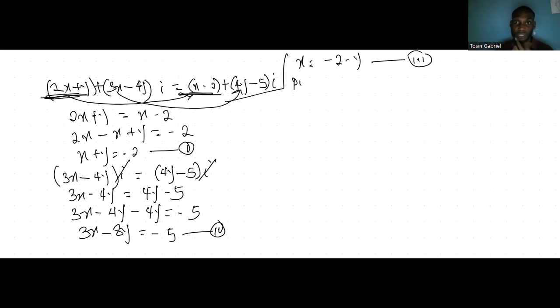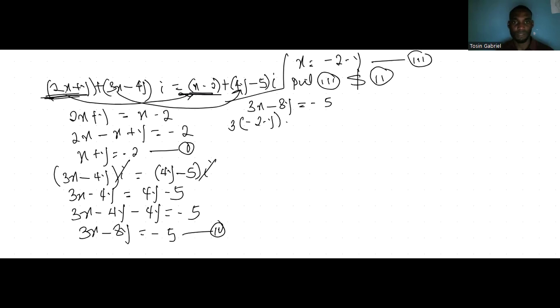Or you can simply use your calculator if you have one. There are calculators that solve this better. So you can use a calculator, but let me just solve it for you guys. So you are going to have 3x minus 8y equals minus 5. Where you see x, you put minus 2 minus y. So 3 times that, minus 8y, equals minus 5.